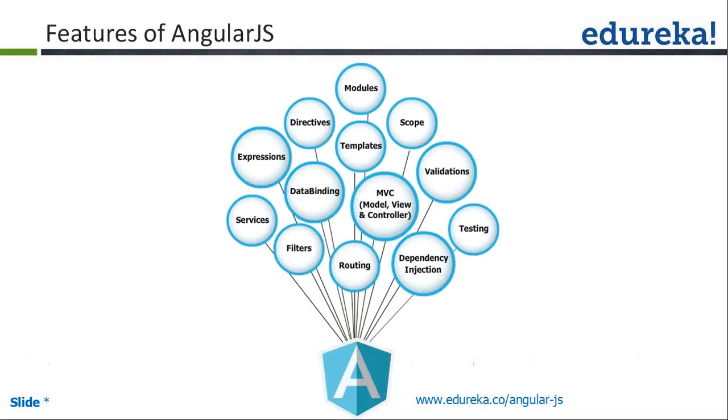The next one is filters. What are filters? Okay, I want to get the date and I want to format it for the user. For example, we will be storing the date as a date object in our DB. But if I show the same date object to the user in the view page, that doesn't make any sense.